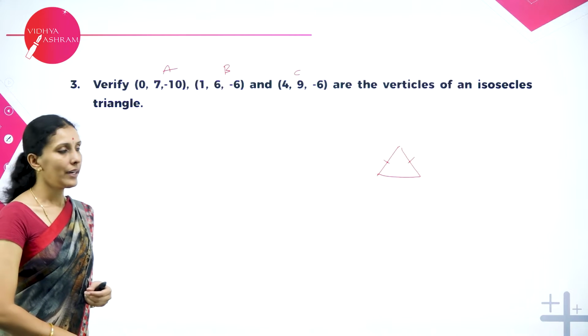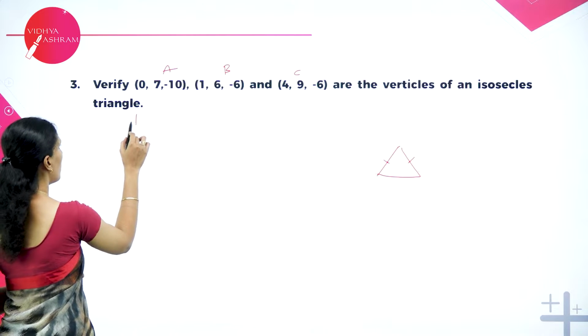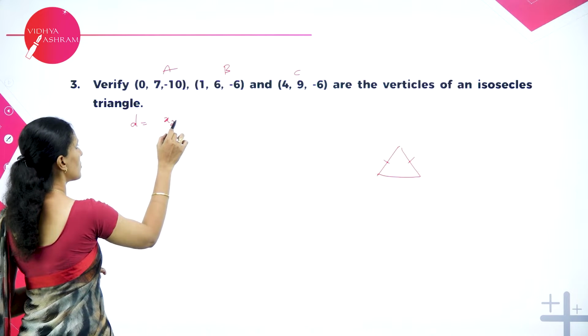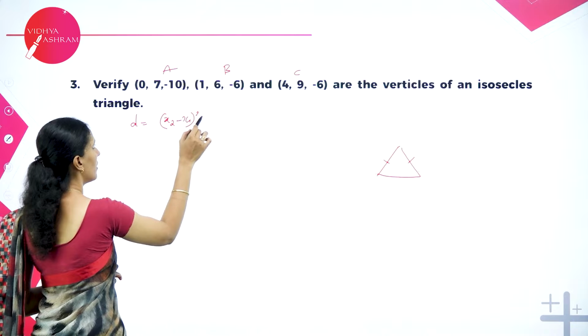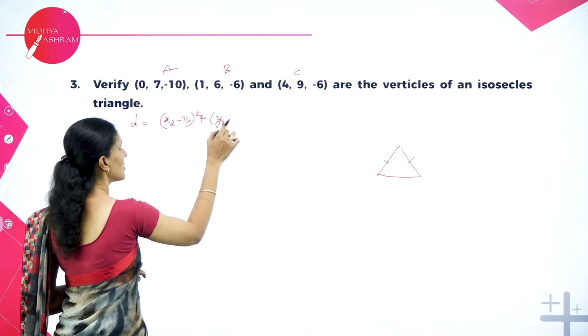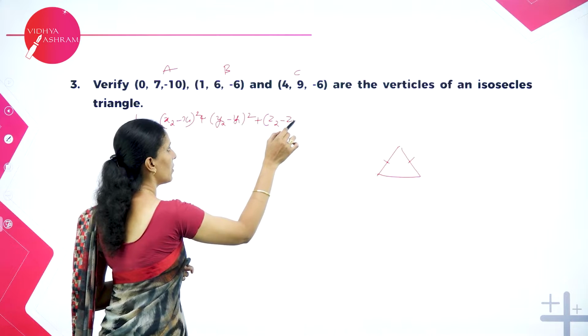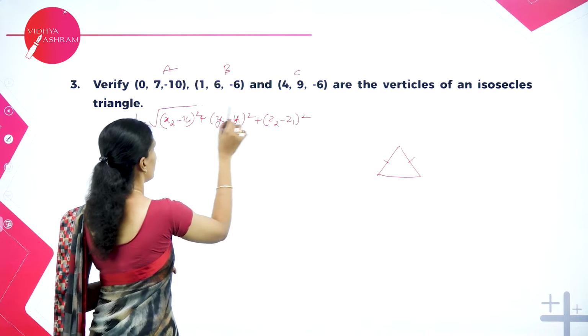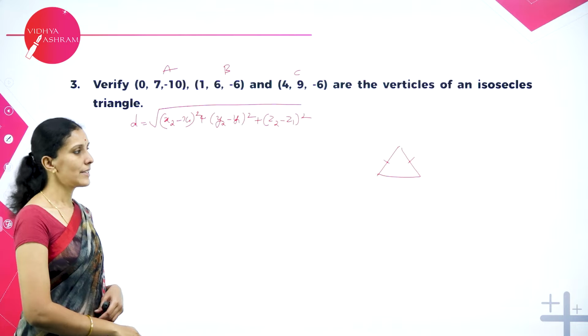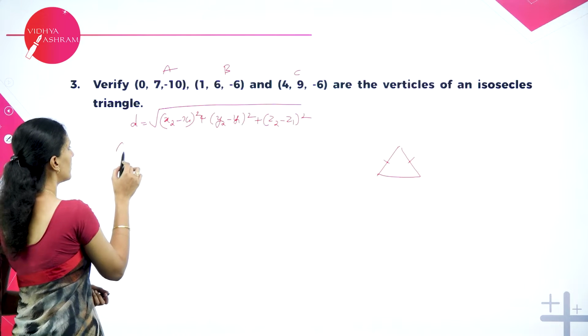Now write the distance formula. Distance D is equal to the square root of x2 minus x1 whole square plus y2 minus y1 whole square plus z2 minus z1 whole square. So let's see AB.